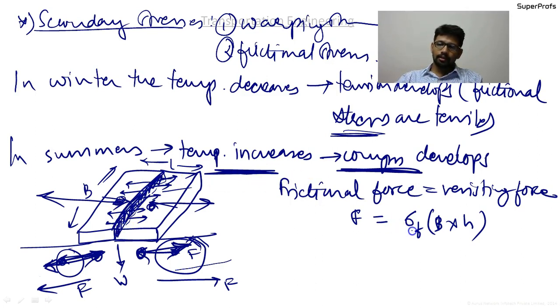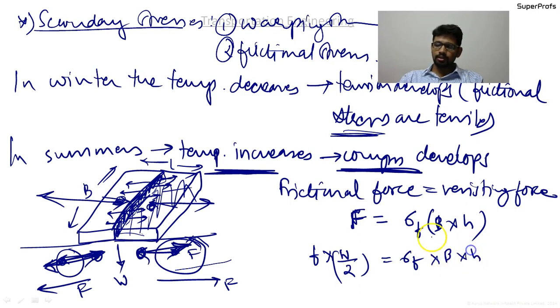The capital F, the frictional force, is the coefficient of friction into the normal reaction, which is W by 2, since we are considering only half the panel, half the width. So since we are considering half the width, naturally the weight will be half, and that will be equal to sigma F into B into H.